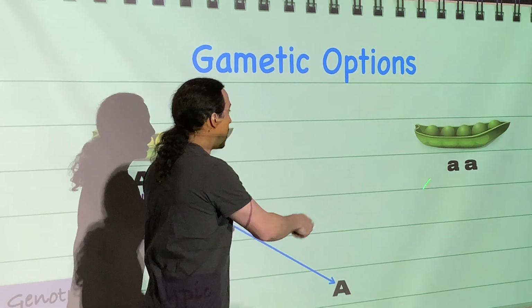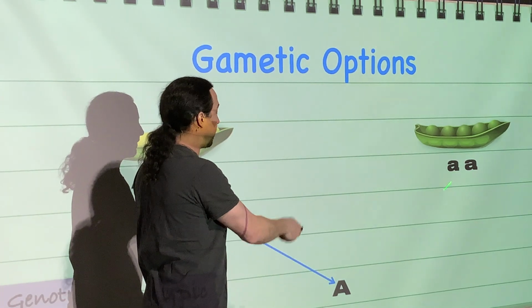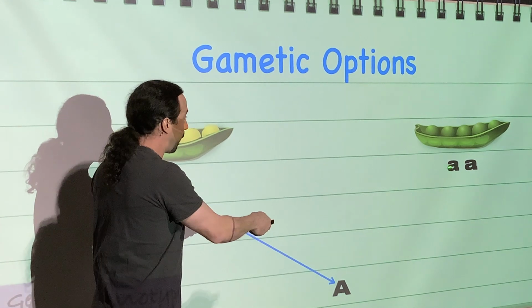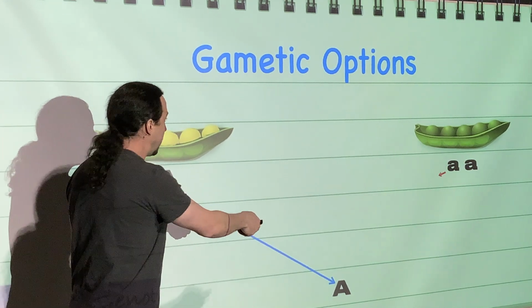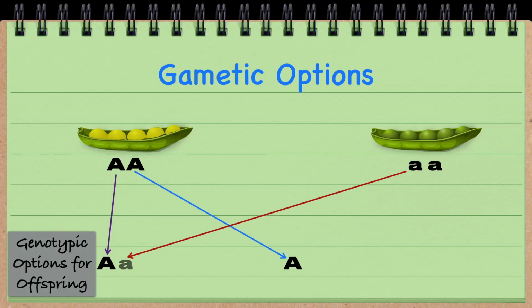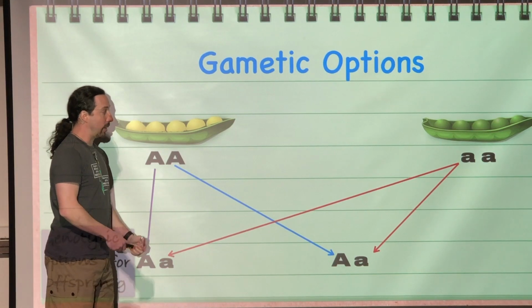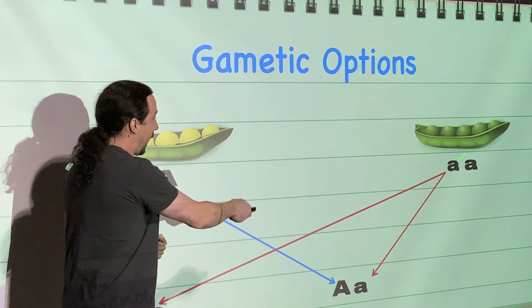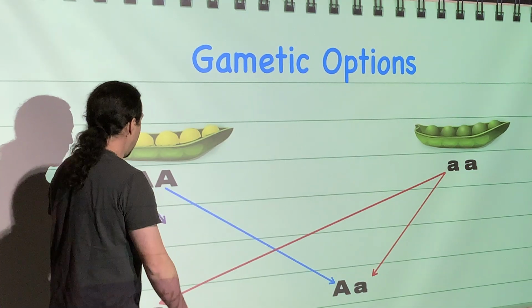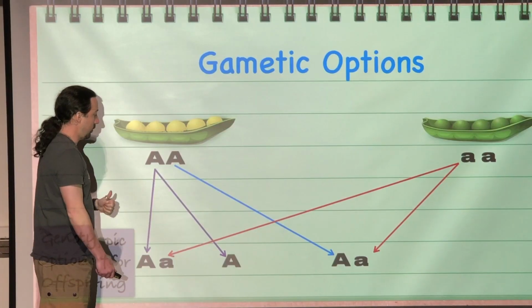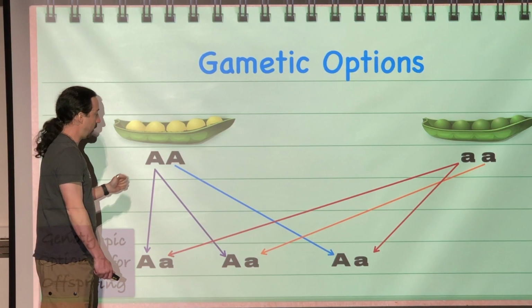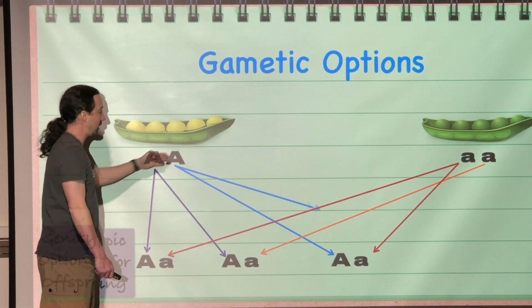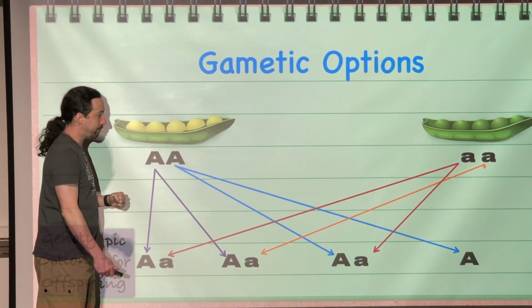And likewise, our homozygous recessive individual, well, that first little A allele can either get paired up with our first option, or it could end up getting paired up with our second option. The last little A allele could also be paired with our first dominant allele with our first pairing, or it could end up getting paired with the second dominant allele.